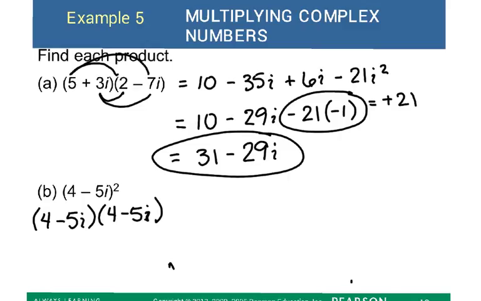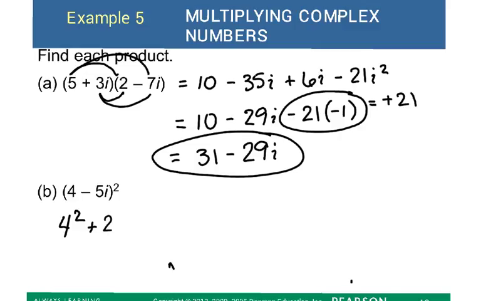Here's what I'm going to do. Instead of foiling that all out, what I do is I say, this first term, let's square it, okay? And now our middle term is going to end up being, it's right here, 4 times -5i times 2.